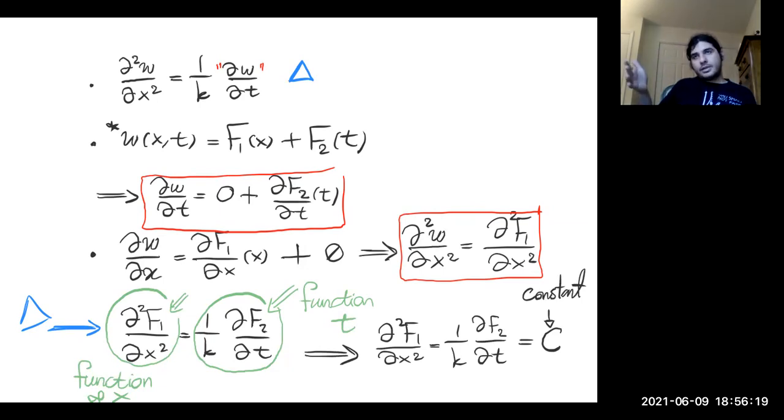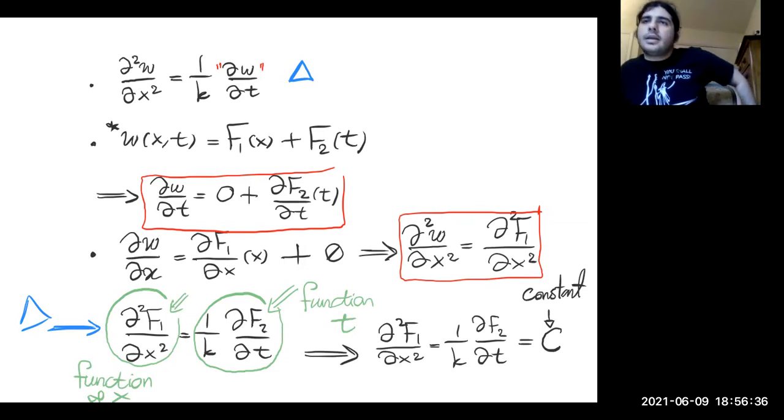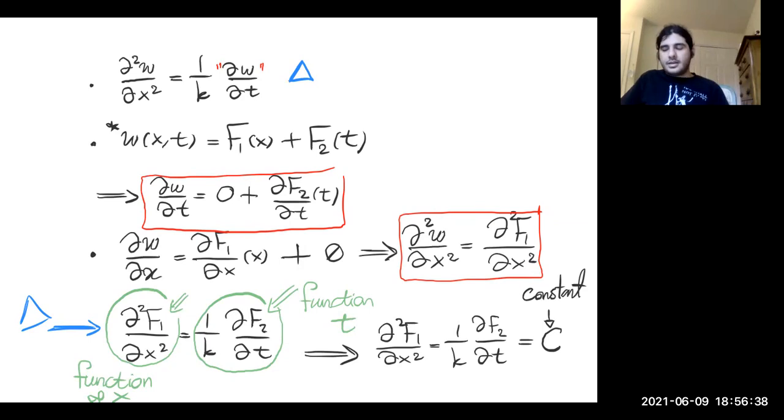f2 might have t in it, but when we take the derivative with respect to t, that t should disappear. f1 is potentially a function of x, but when we take the second derivative with respect to x, x should disappear. All right, so both of them should be constants, only after taking these derivatives.